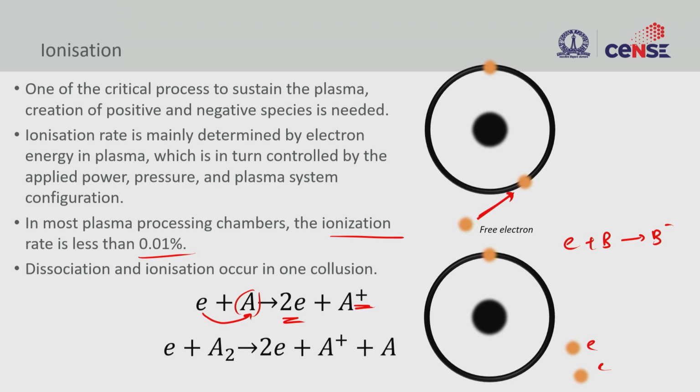It might seem very small, but they are very important to the plasma because they give out electrons. Remember this, electrons are very important in the plasma. They are the ones dissociating, creating ionization, and also creating excitation. Dissociation is a very important step in dry etching that creates reactive species, and ionization helps you generate more electrons.